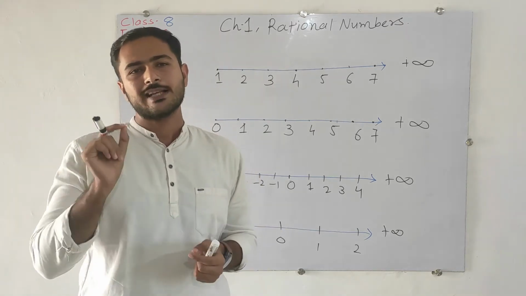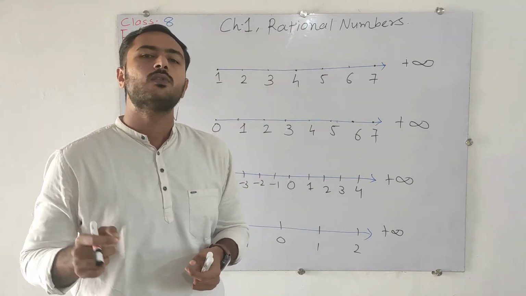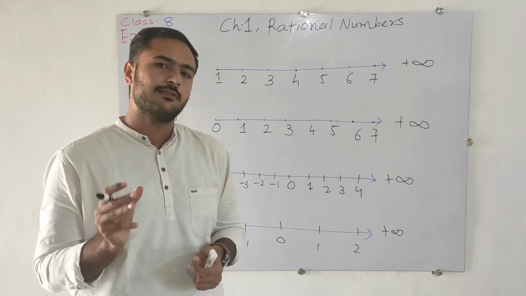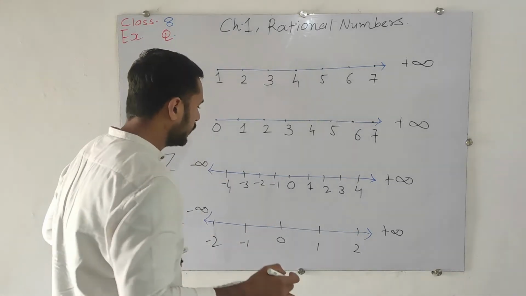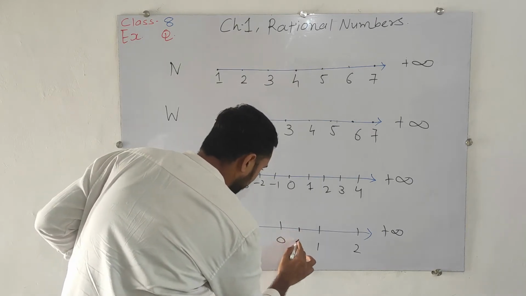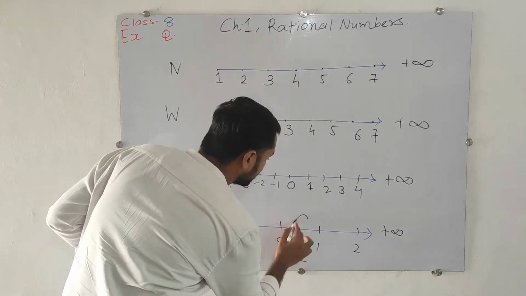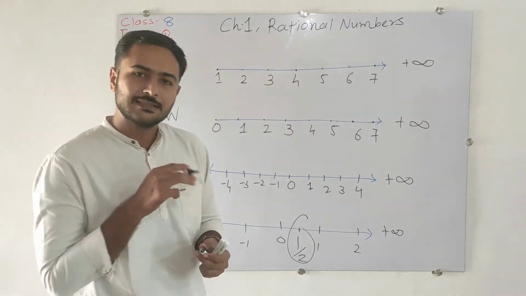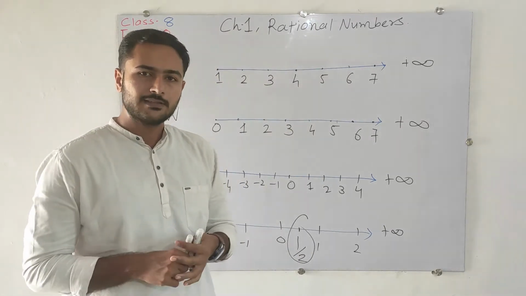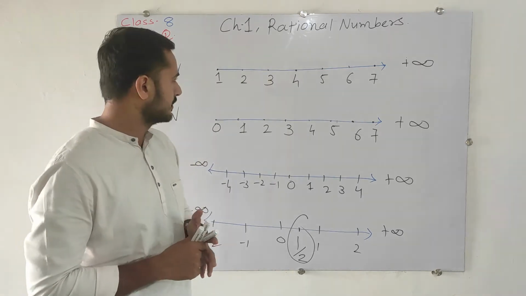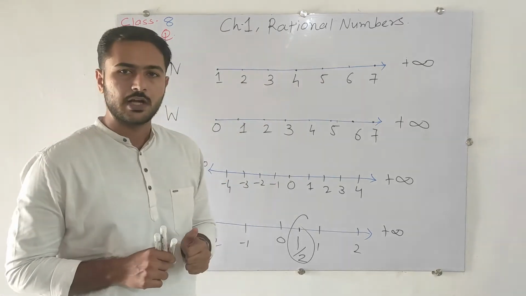So 1 by 2 is actually the middle point of 0 and 1. 1 by 2 means half, and it can be written as 0.5 also. So 1 by 2 will come here. This is the point 1 by 2, so this is a rational number. This is how we can represent rational numbers. We will go through it in brief, but before that, just pause the video and note it down.